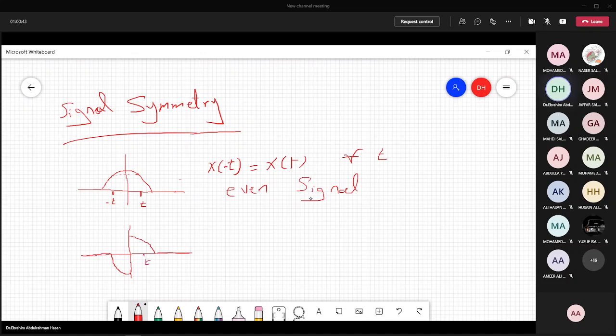This is t, this is minus t. We have minus t, it is the opposite of t.